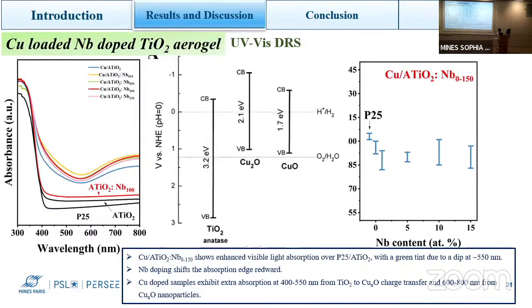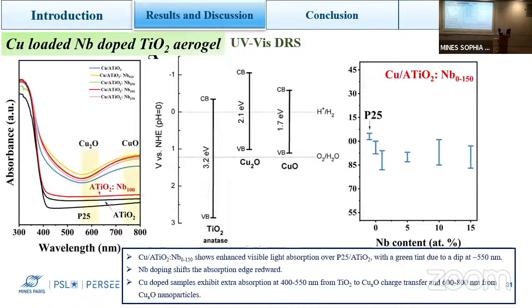This is maybe due to copper oxide and cuprous oxide, whose band gaps give visible light absorption. The range from 515 to 1020 belongs to copper 1 and copper 2 oxide species. That's why it's much higher compared with the pure TiO2 sample.